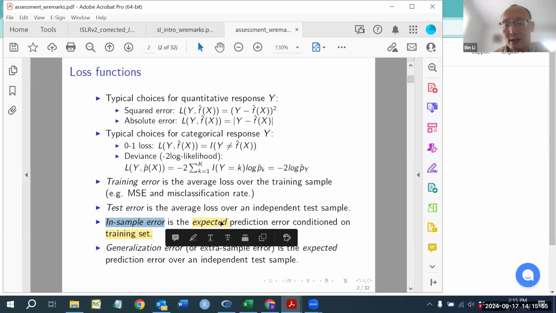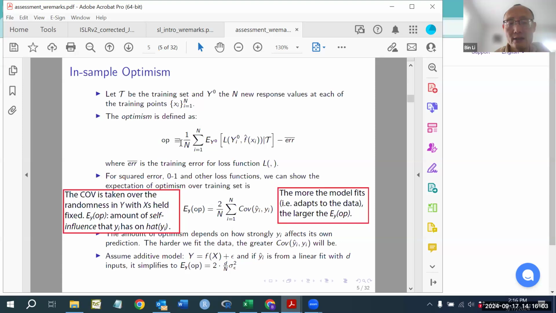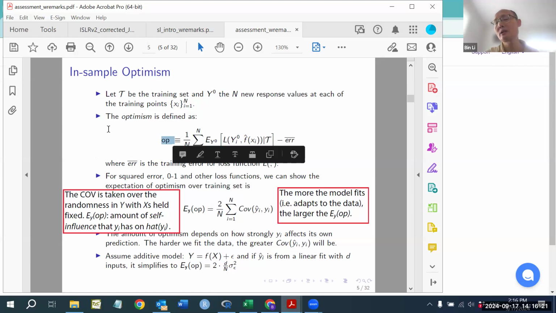That's the expected prediction error conditioned on the training set. So that's the in-sample error minus the training error, and that gives the optimism, called in-sample optimism. So in-sample optimism equals the in-sample error minus the training error. If the in-sample optimism is 0, that's perfect. Then we can just use the training error to find the model that minimizes the in-sample error.